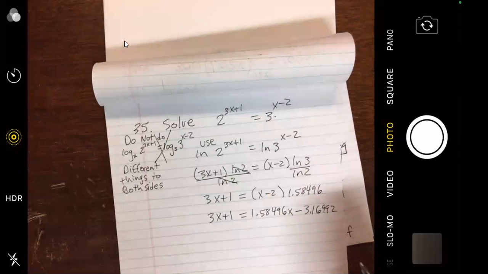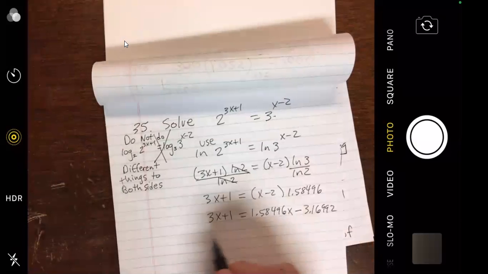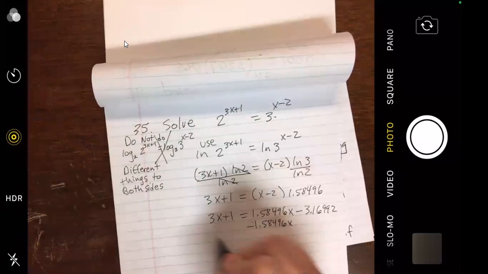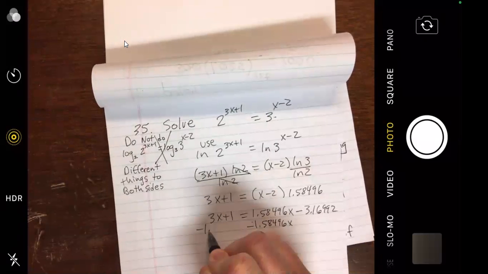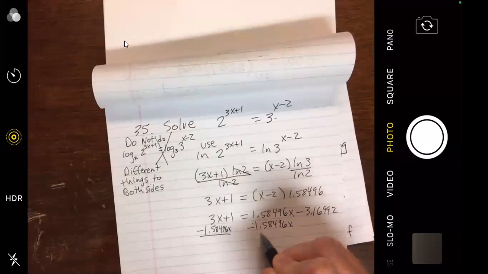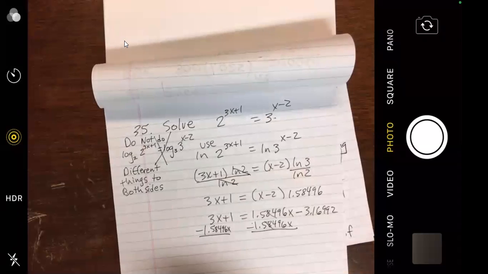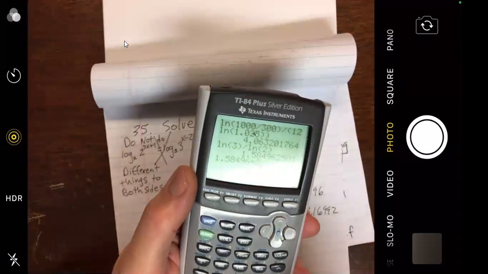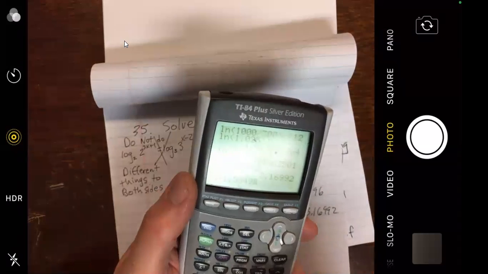And now it's a matter of just x's to one side, number to the other side. 1.58496x minus 1.58496x, see, this cancels, moving that over there. 3 minus 1.58496.